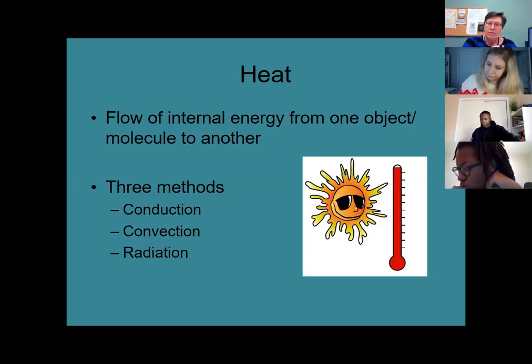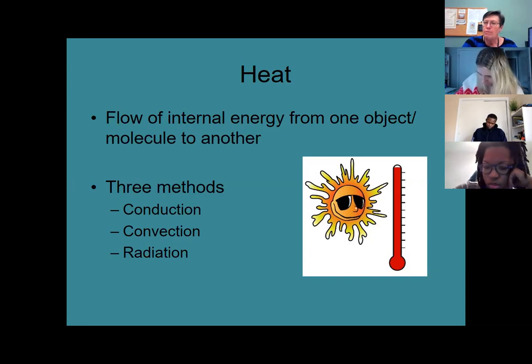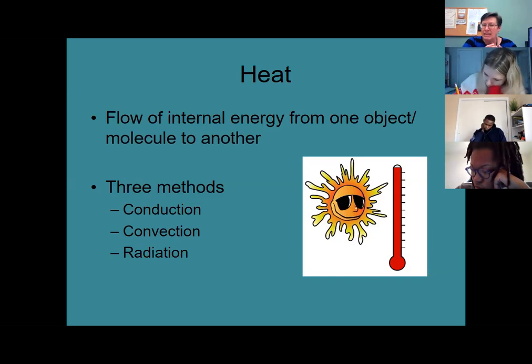So heat involves the flow of energy from one object or one atom or one molecule to another. And it has both kinetic energy and potential energy components. We'll talk more about kinetic and potential energy a little bit later. But the temperature of an object is basically a measure of the kinetic energy of an object's molecules.